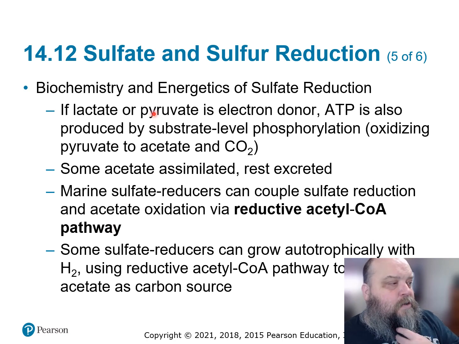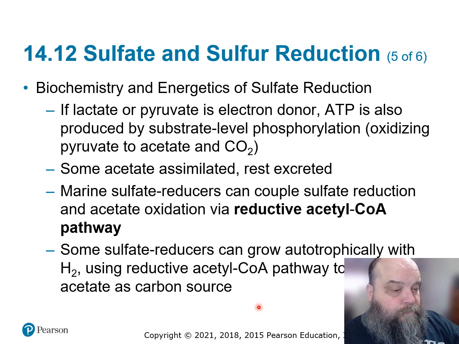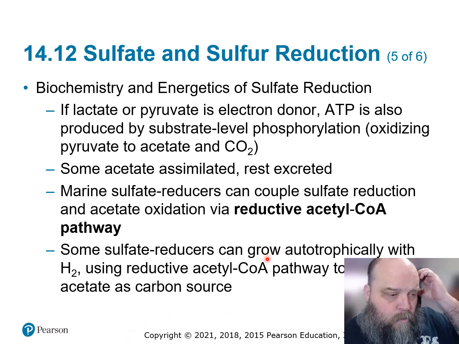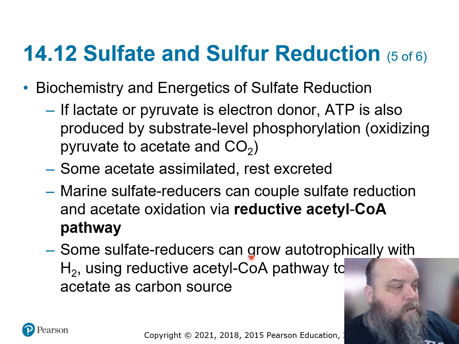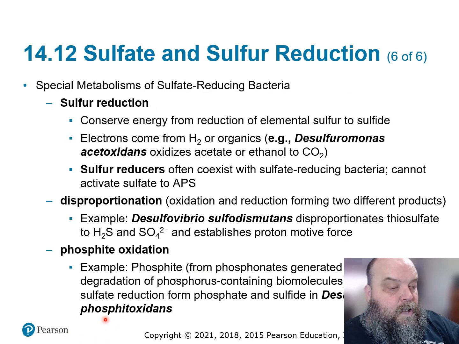So there's no way they're going to have lactate or pyruvate in a marine environment, but depending upon what type of sulfur vent or whatever they're around, maybe there's other things present. If they happen to be an autotrophic microbe, they can use this sulfate reduction as long as hydrogen is acting as an electron donor, with an acetyl-CoA pathway that we've talked about in previous sections. So there's their mechanism for carbon fixation.